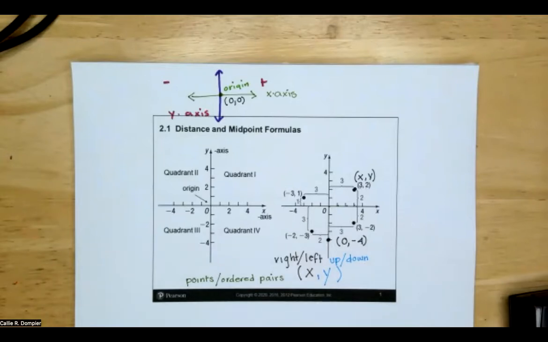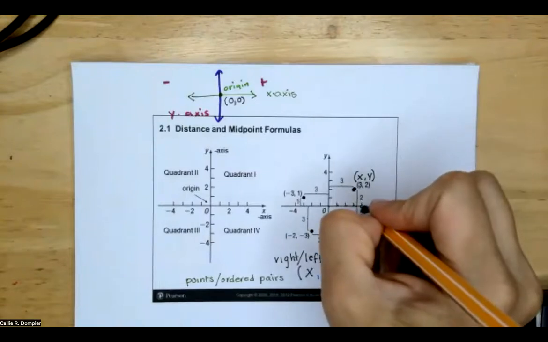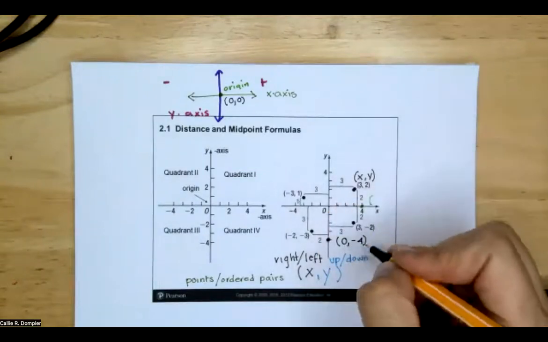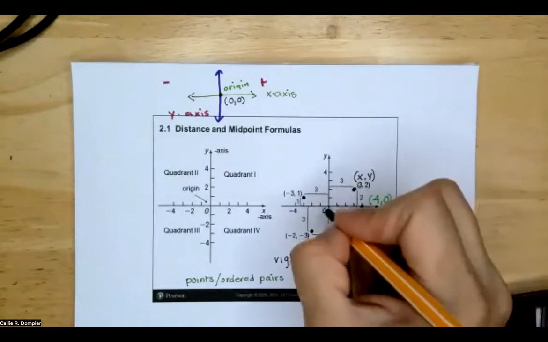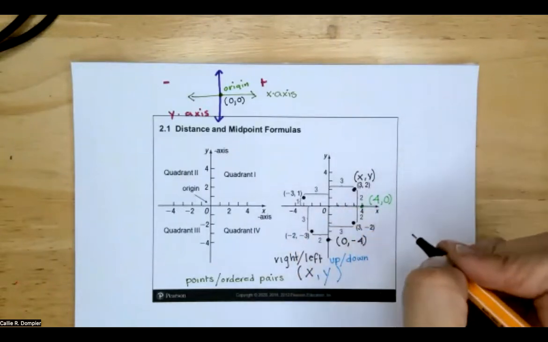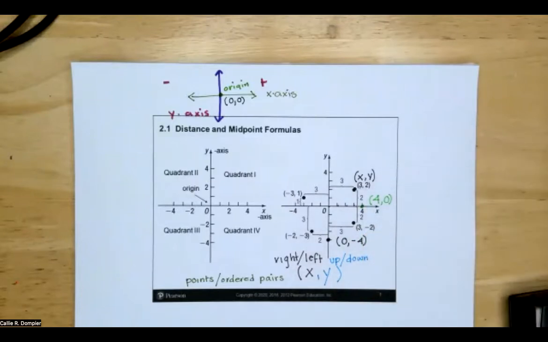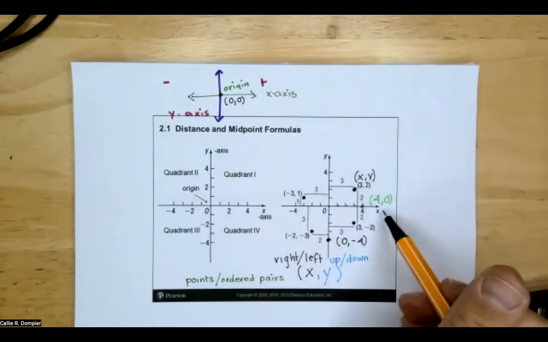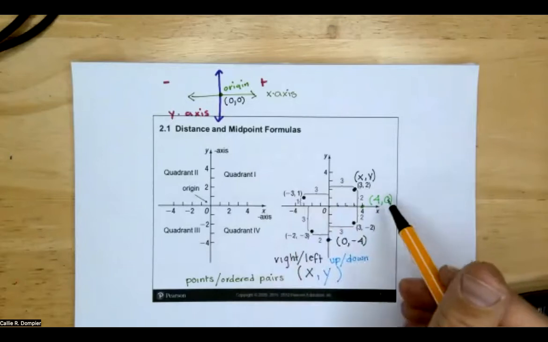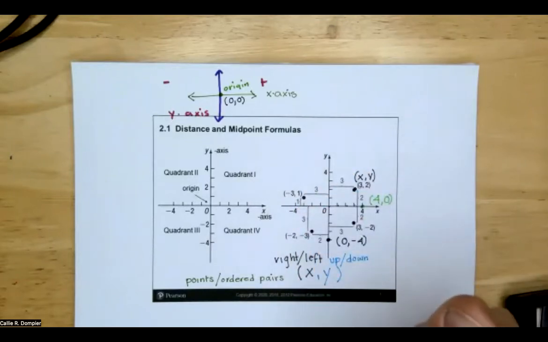And then maybe here, this wouldn't be 0, +4. This would be +4, 0. I went 4 to the right on the x-axis, and then I did not go up or down, so I stayed equal to 0 in terms of the y-axis, but I'm actually on the x-axis. So if you're on the x-axis, y is always 0. If you're on the y-axis, x is always 0.